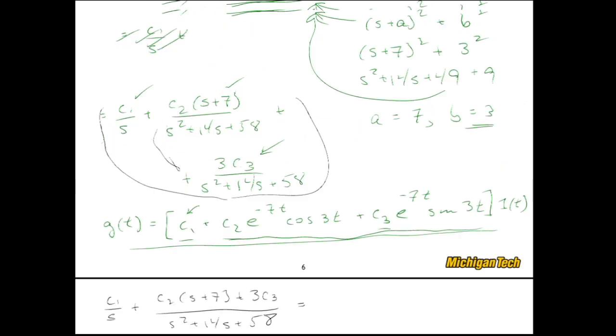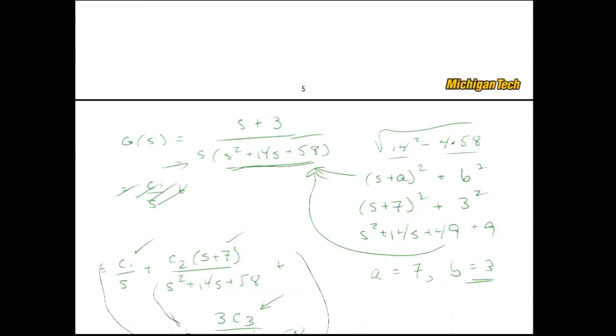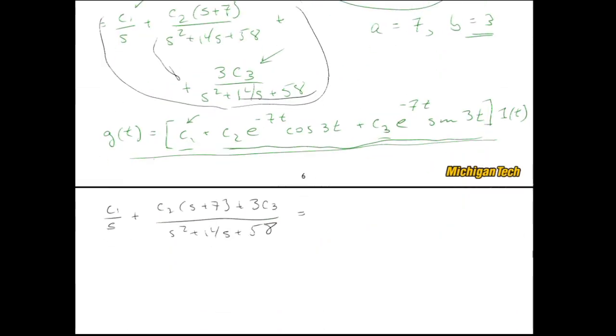That has to equal the g of S that we started with. So let me move up just a little bit. This g of S, S plus 3 over that denominator. So I'll just write that here.